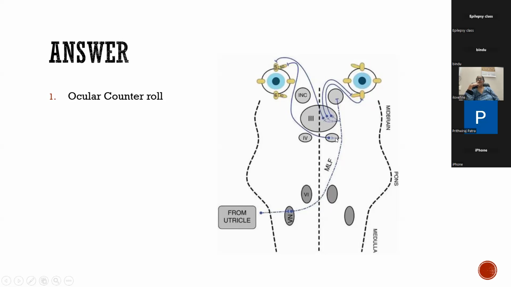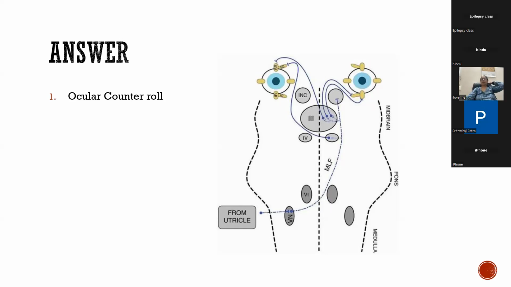The fourth nerve nucleus supplies the right-side superior oblique. Superior oblique is contralateral, remember that. And the third nerve nucleus supplies the contralateral superior rectus.